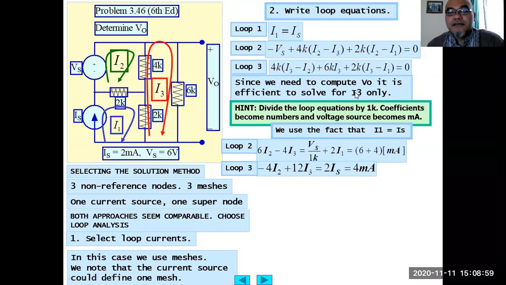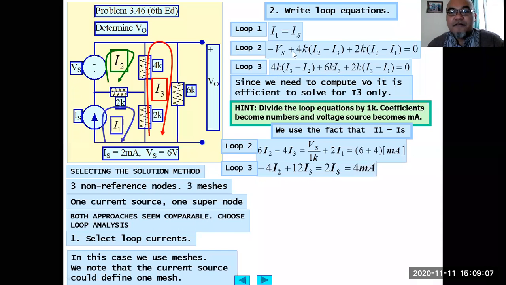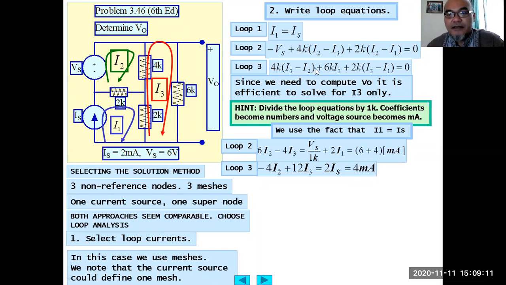For loop 3, we have negative 4I2, then 12I3 from 4 plus 6 plus 2, equals 2Is, which comes from 2K plus Is, so equals 4 milliampere.